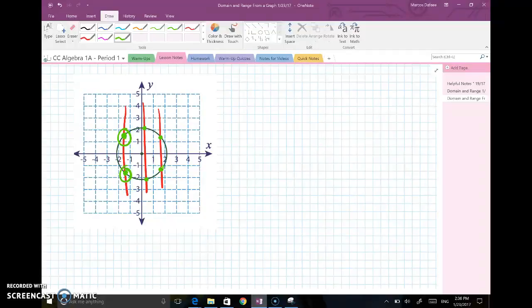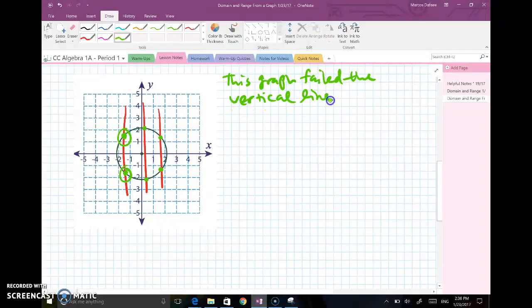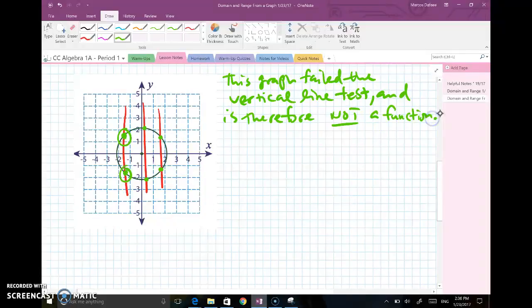So first I want to say this graph failed the vertical line test and is therefore not a function. Okay, first important thing to note.